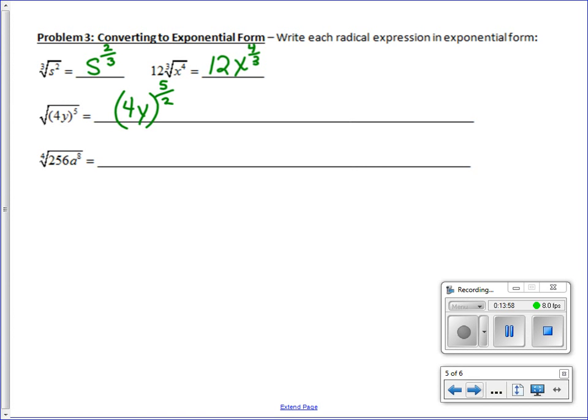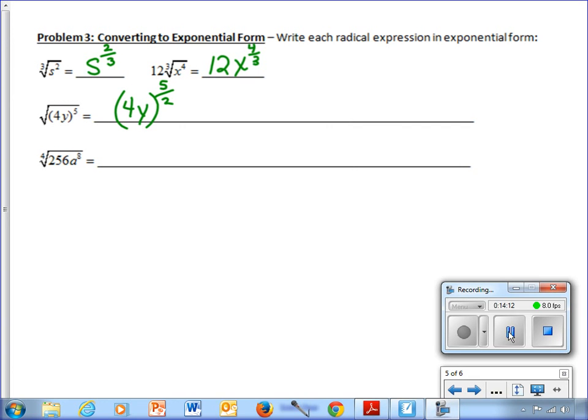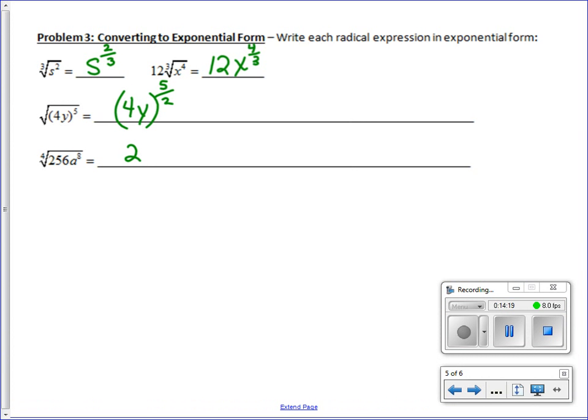And then finally, we have 256, and the last problem, we're going to write this as 256a to the 8th power, and then the 4th root tells us that we're going to take 1/4, raise this expression to the 1/4 power.